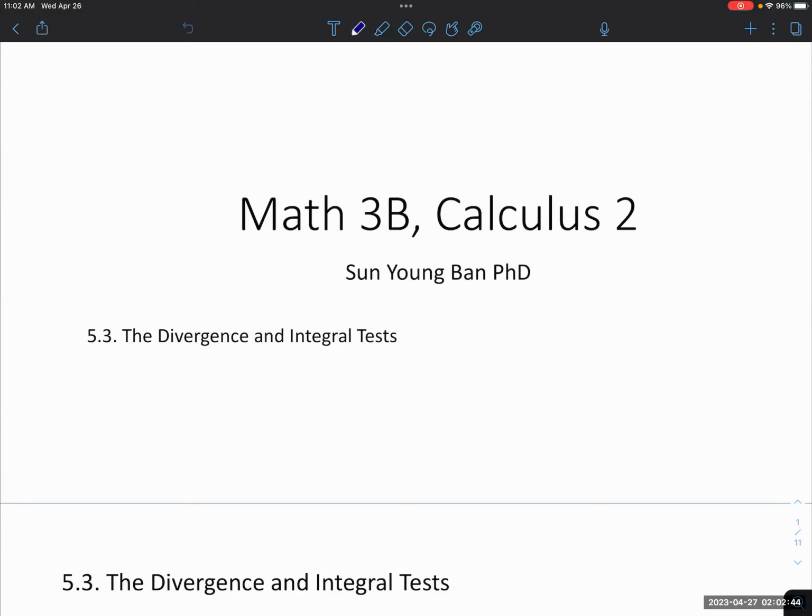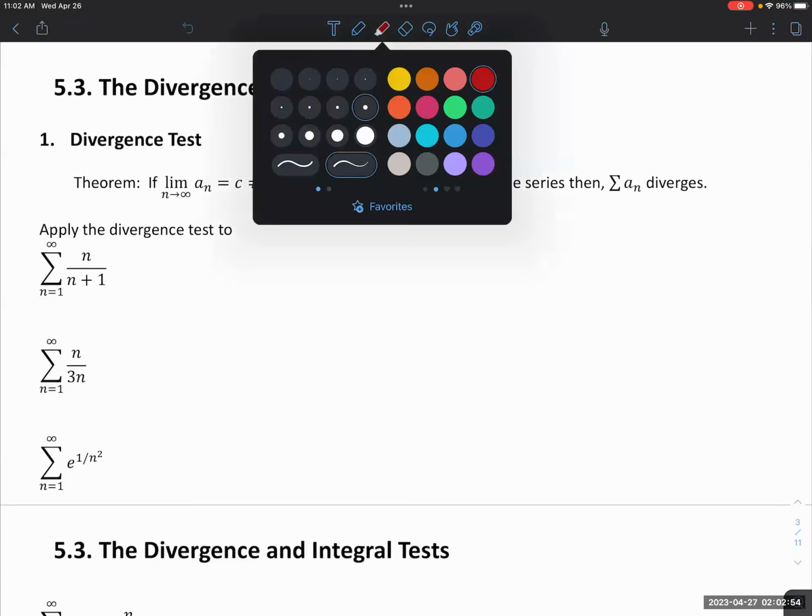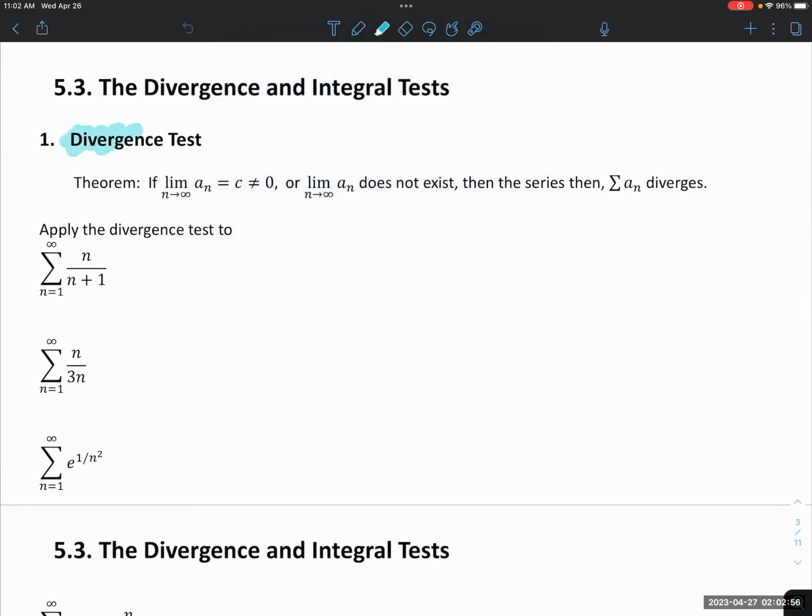So let me show you the concept of the divergence test first, okay? Let's look at the definition of the divergence test. I'm going to highlight it with the blue color. So this is the definition.